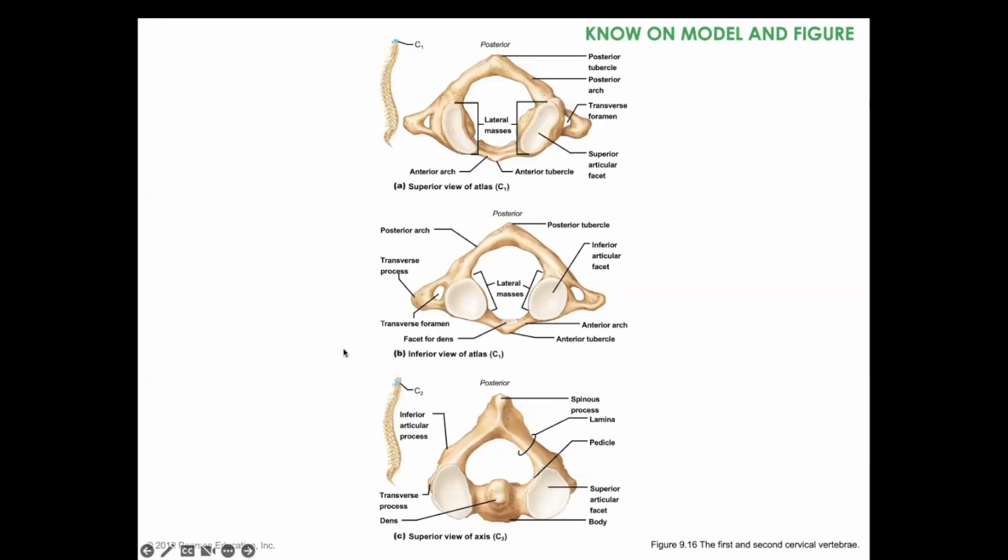On the axis, there's a structure called the dens that's going to stick up through the C1 vertebrae on top and attach to the head. And this is what's going to allow the head to rotate. Easy way to remember the axis is that the earth spins along an axis. Your head is going to spin along the axis. That's what the dens is for.